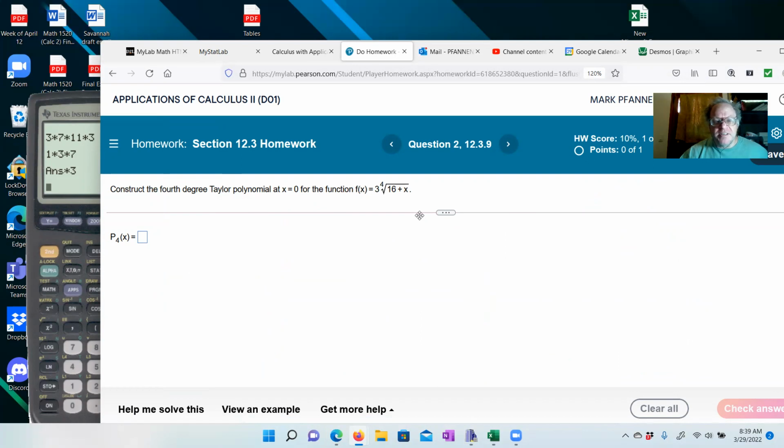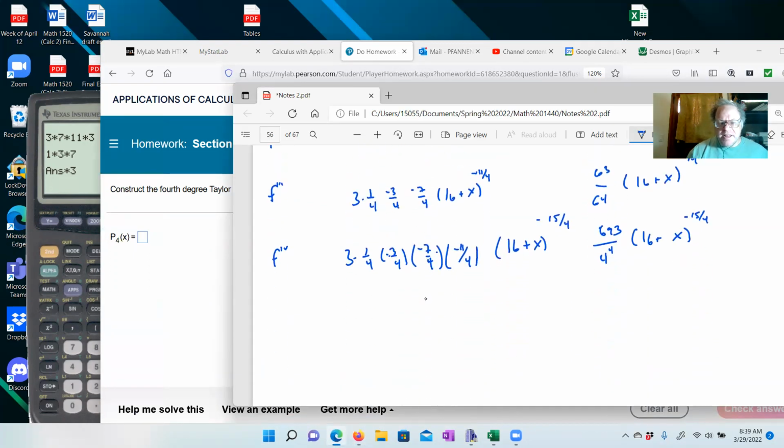No, it did not. So we're just going to have 16 raised to the 1/4 power here, or the 7/4 power kind of a thing. Okay, so let's see here.